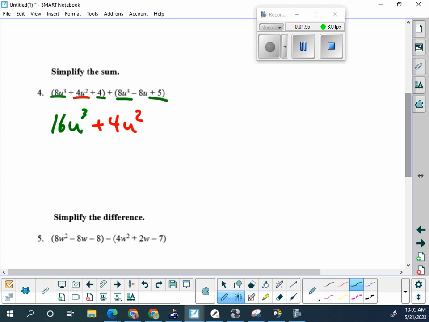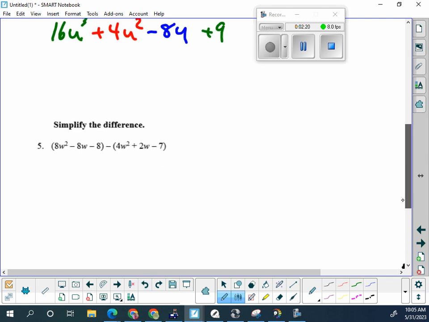I look at the 4, and that matches up with the 5. That's plus 9, and I put it over here because it is a scalar term. And then, so I got that done, that one. Oops, sorry, I don't have that one yet. That one, and I have minus 8u goes there. Okay, that's all you have to do.